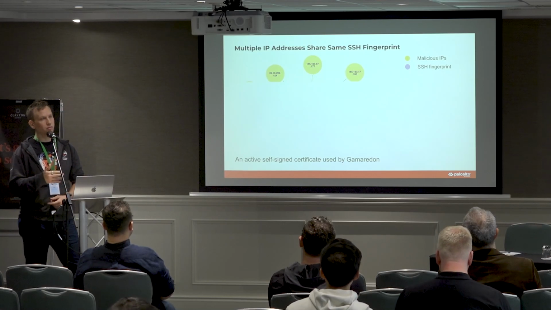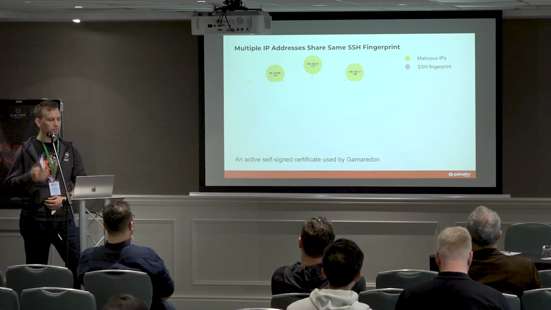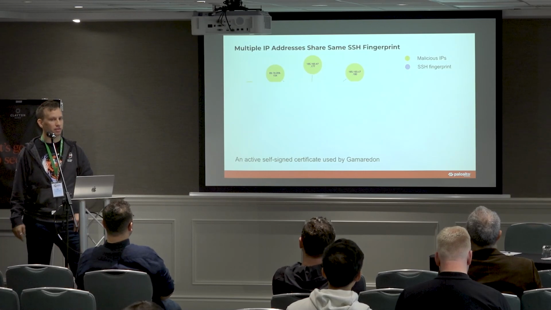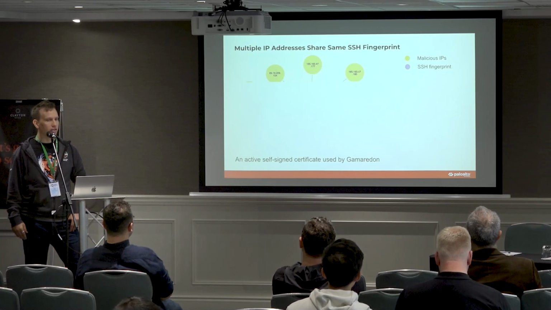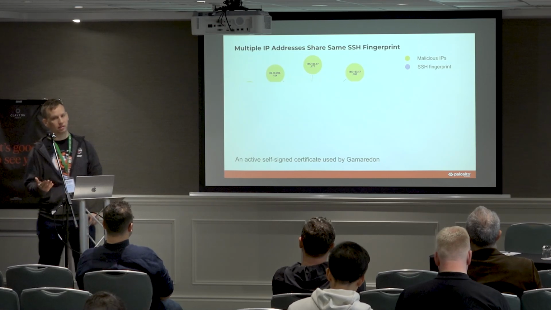And Gamaredon, you might all know, is a Russian APT group targeting Ukrainian entities. But they like to use fast fluxing, so they change the IP addresses very fast behind the domain names. And these are some of these IPs. While they automatically do this, they use self-signed certificates. They're all the same, so we can connect them.